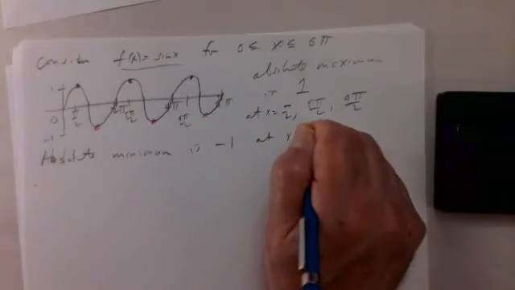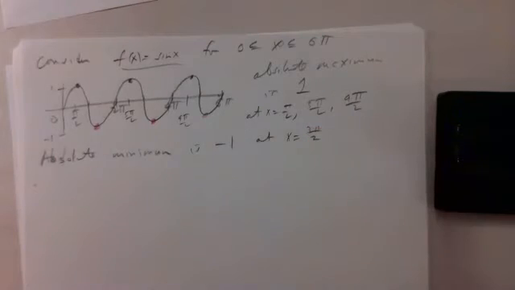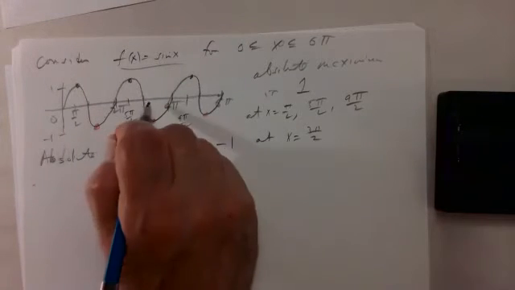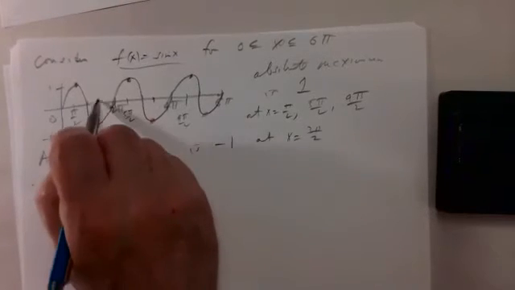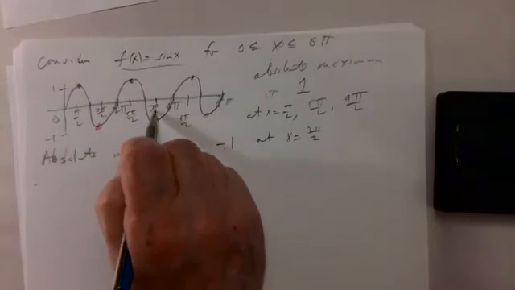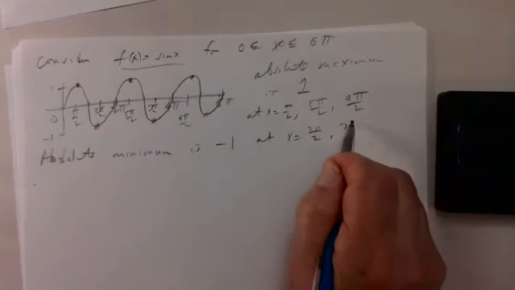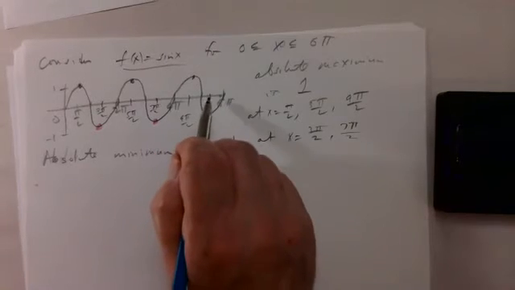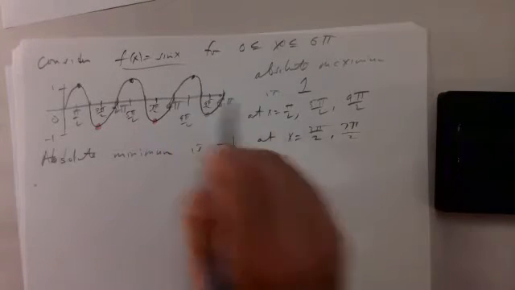Well, it occurs here, x equal to 3 pi over 2. It occurs here, this is 7 pi over 2. And it occurs here, which is 11 pi over 2.